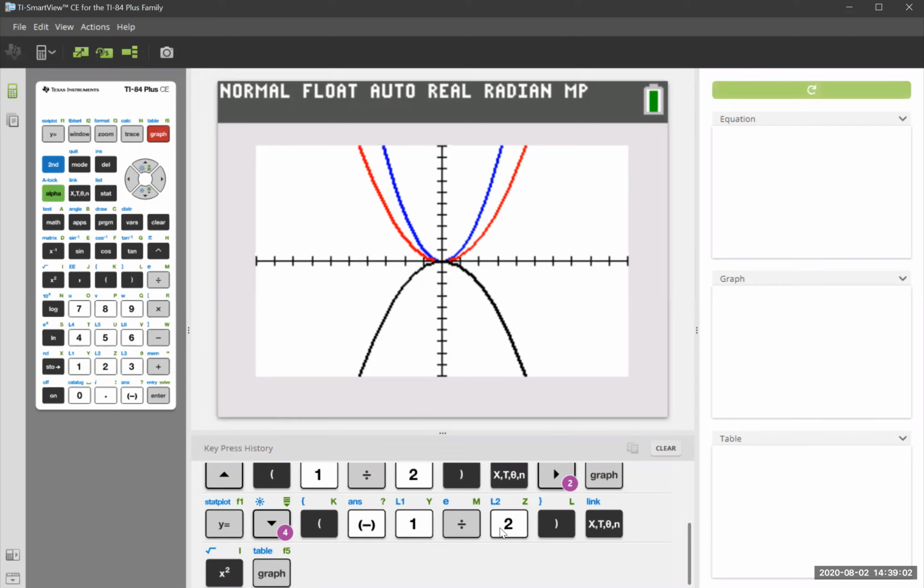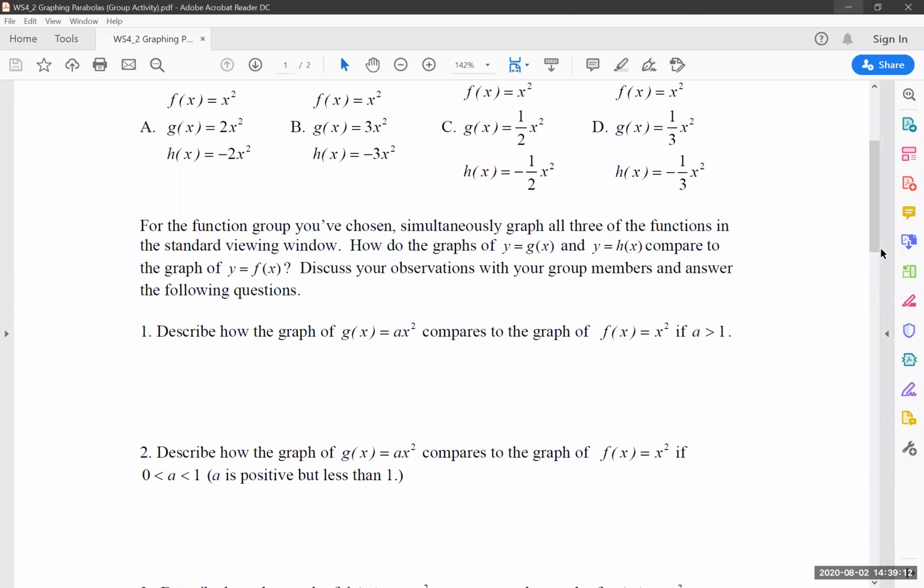So this takes us back to our worksheet. Specifically to question number 2, where it is saying describe how the graph g of x equaling a x squared compares to the graph of f of x equaling x squared if that lead coefficient is between 0 and 1, but note that a is positive but less than 1.